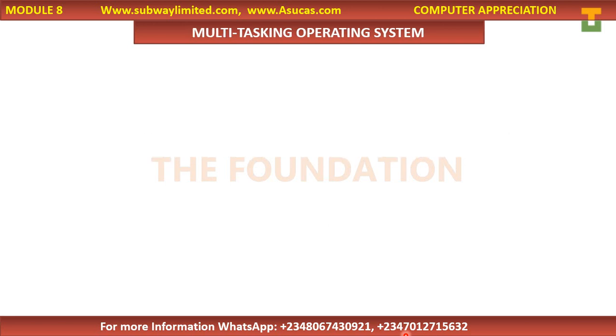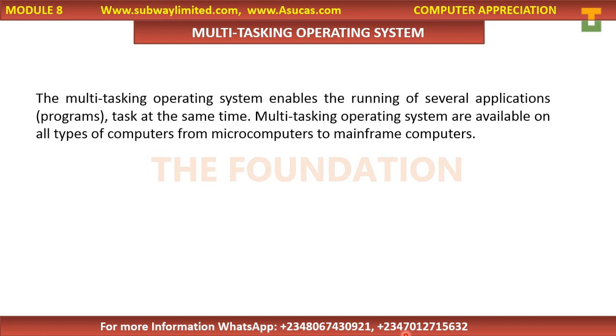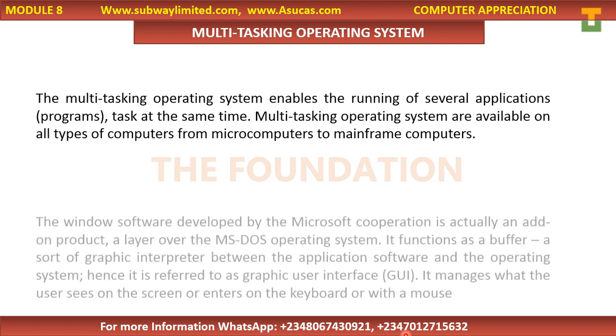So, multitasking operating system. The multitasking operating system enables the running of several application tasks at the same time, like the Windows that we are having nowadays. Multitasking operating systems are available on all types of computers, from microcomputers to mainframe computers.